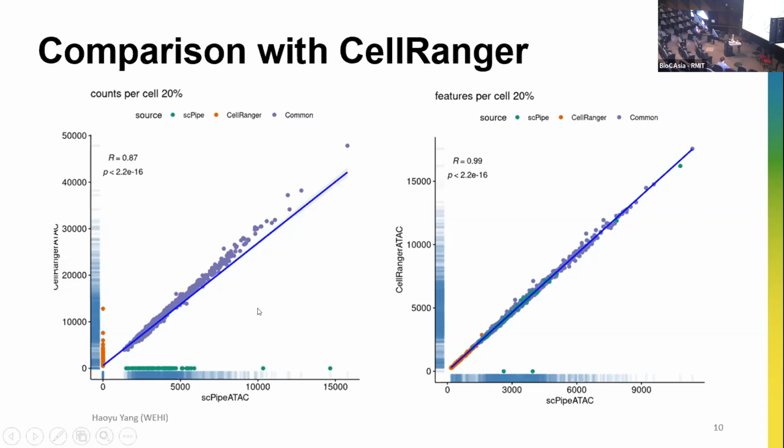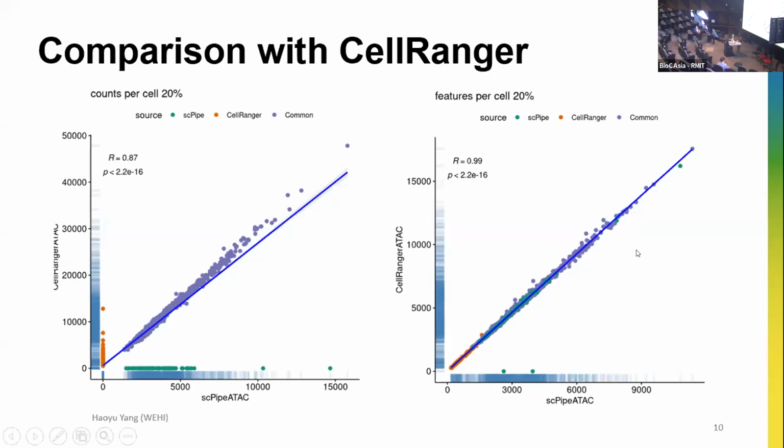And you can see that the correlation between them is pretty high. And on the right, same for the features, overlapping between CellRanger and scPipe called cells, which is also pretty high.